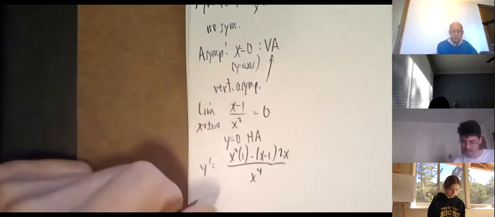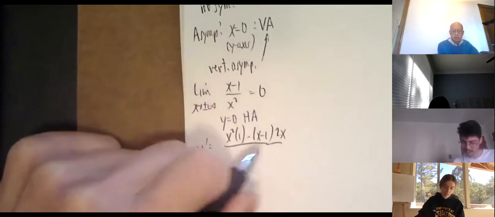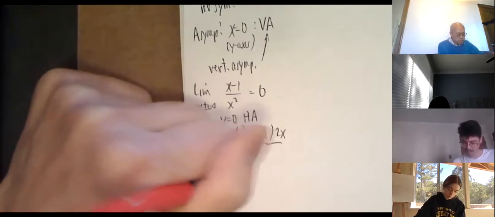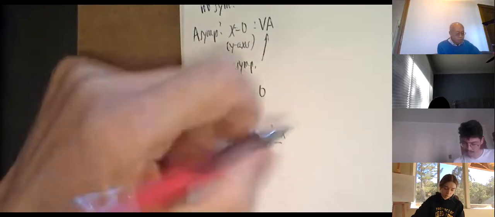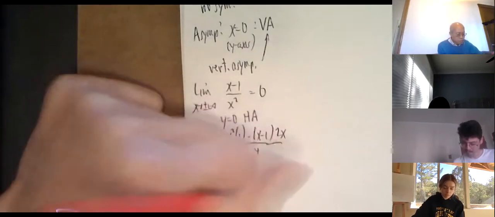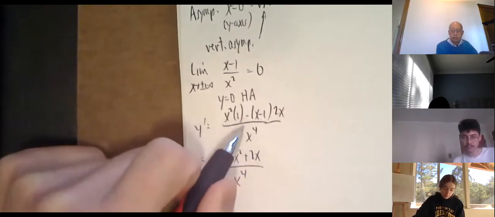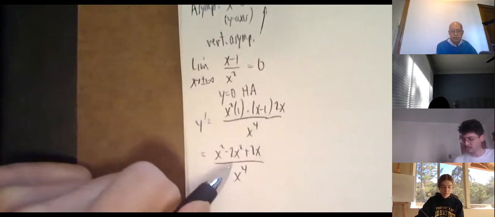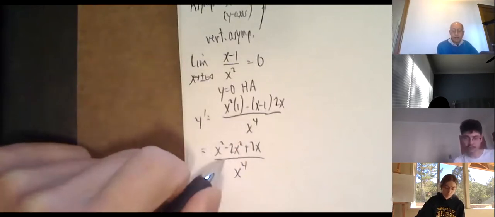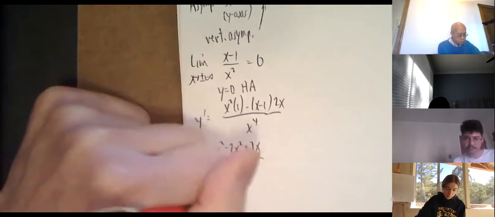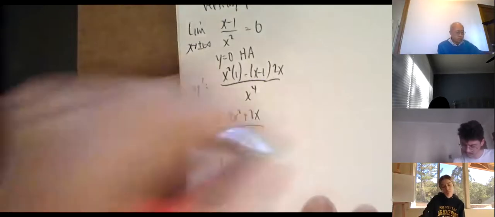Okay, let's see if we can clean this up a little bit. X squared minus, let's see, 2x squared minus a minus 2x, so plus 2x. I think that's right. X squared minus 2x squared, double negative plus 2x. Okay. So how about I write that as 2x minus x squared over x to the 4th.